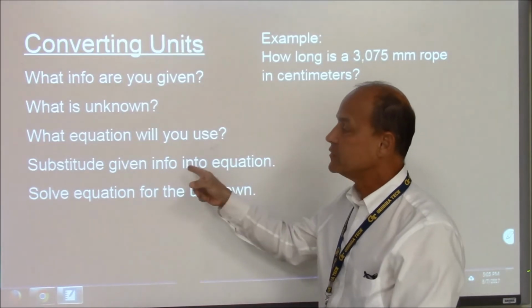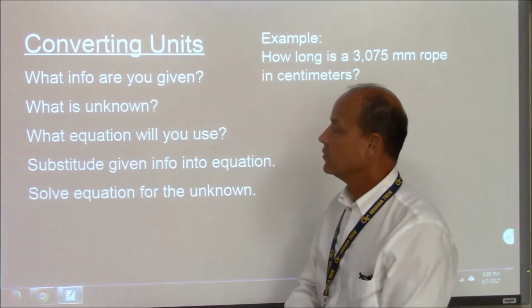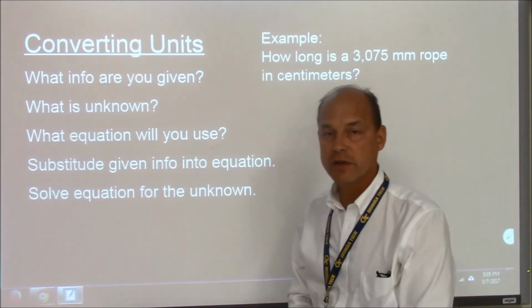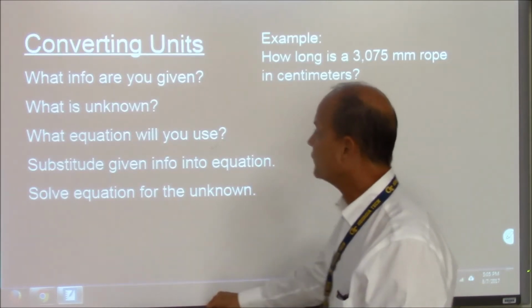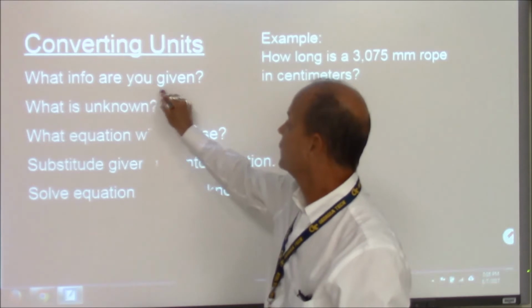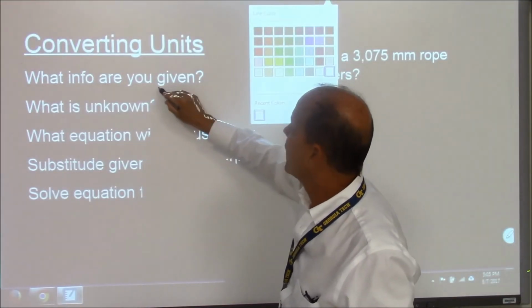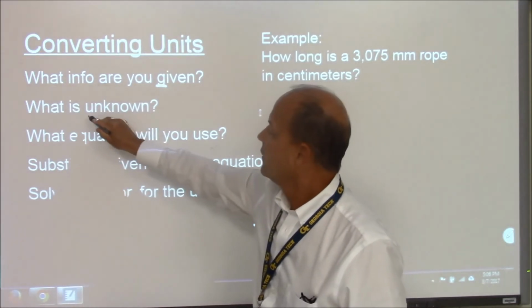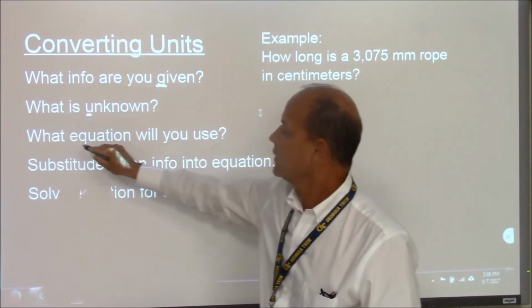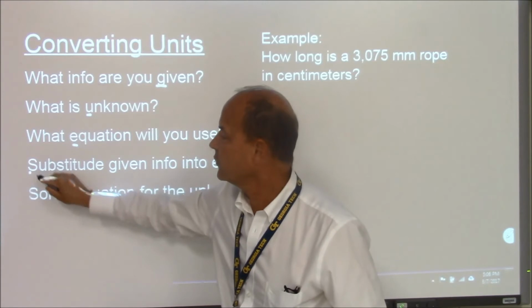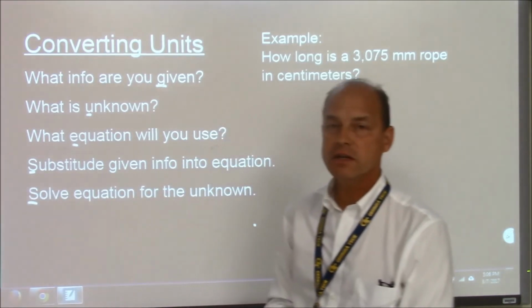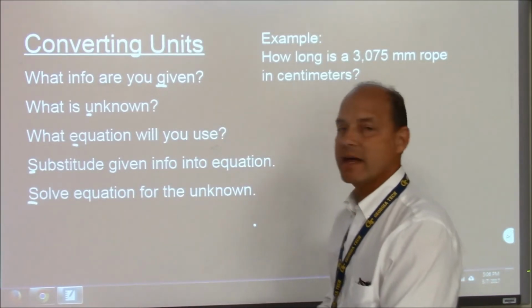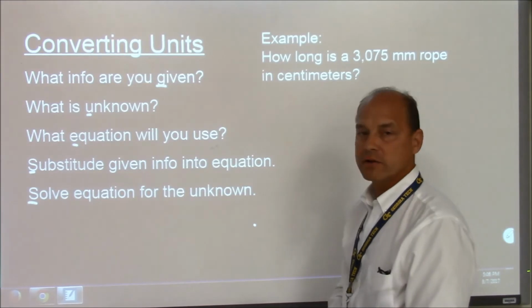Then you substitute the given information into the equation, and then you solve the equation. I call it the GUESS method because it's the given information, the unknown, the equation, and then substituting and solving. G-U-E-S-S. So we're going to GUESS in order to convert one metric unit to another.